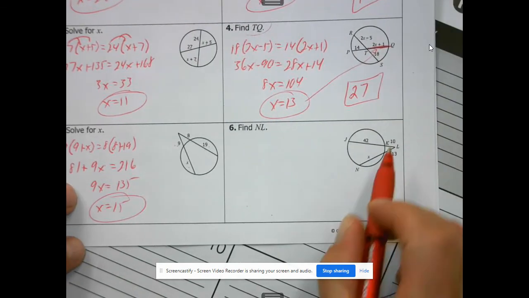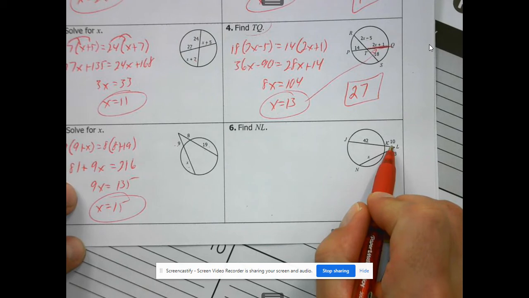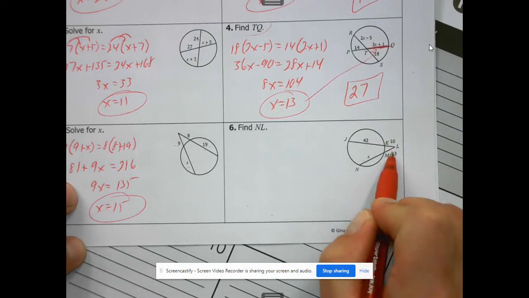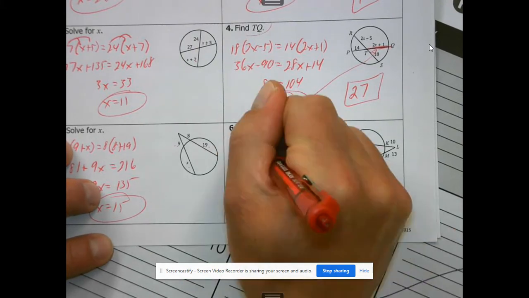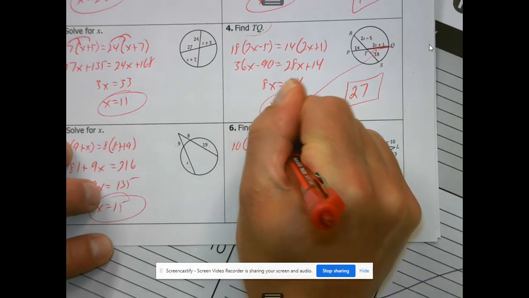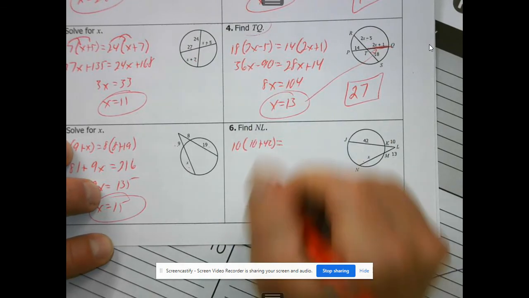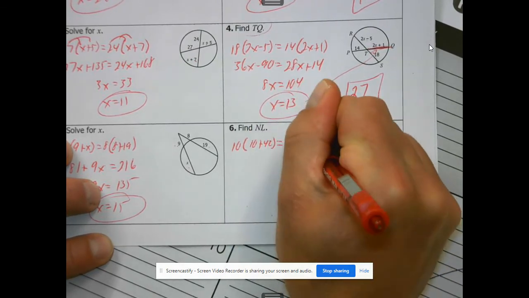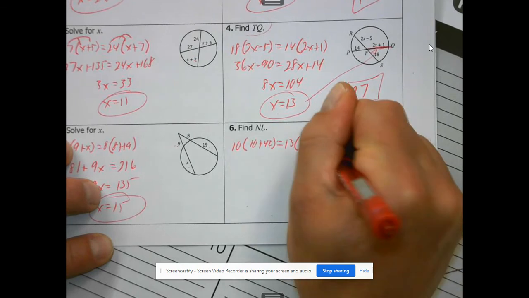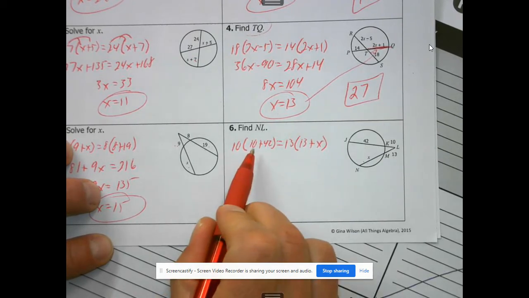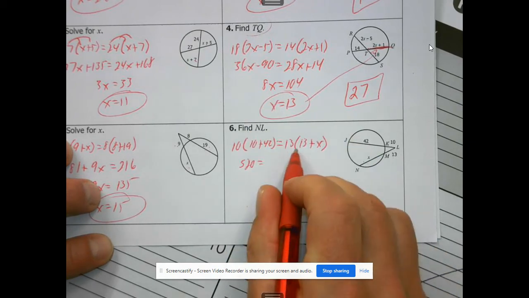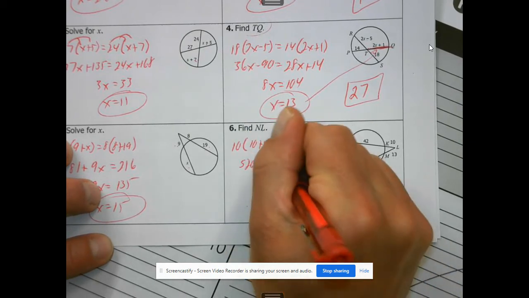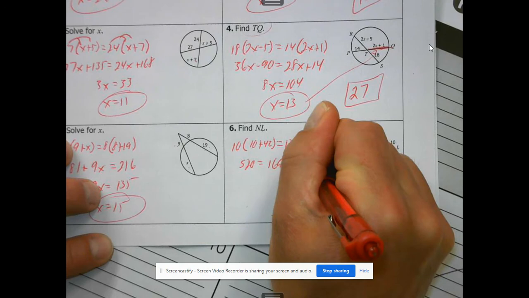Number 6, same concept. This guy, 10 times these two added up, 13 times these two added up. So it'd be 10 times 10 plus 42 equals 13 times 13 plus x. Left side, type it in, 520. Distribute over here. That gives me 169 plus 13x.